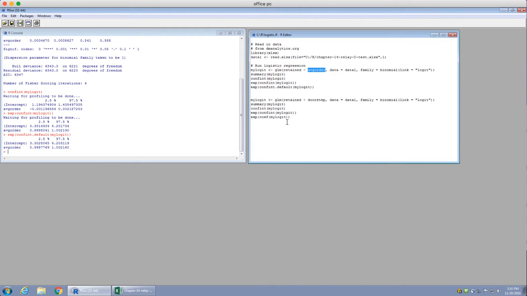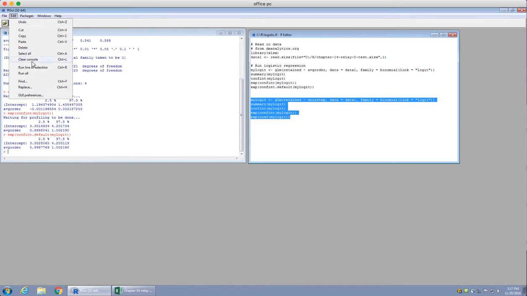In this case, let's do a different one. I'm going to use doorstep as my independent variable, and I'm going to run everything. In this case, I want to get my coefficient as well. Let's see what kind of value I get if I run all this.